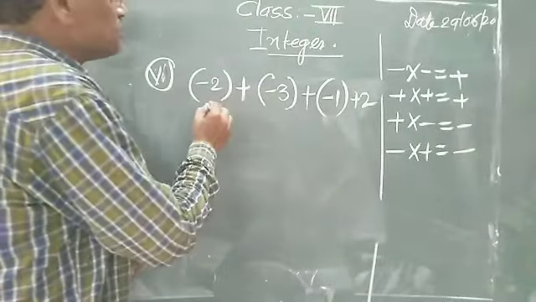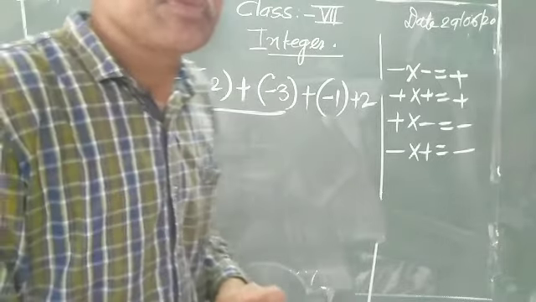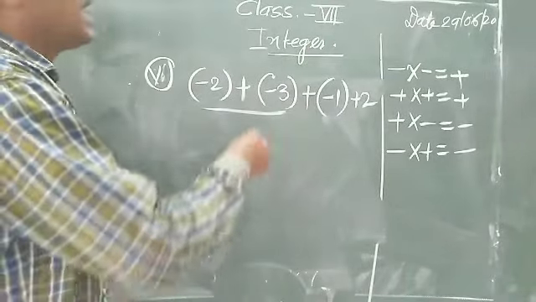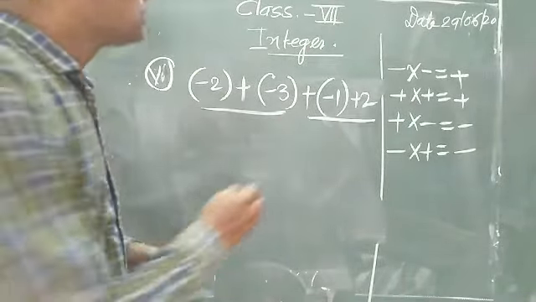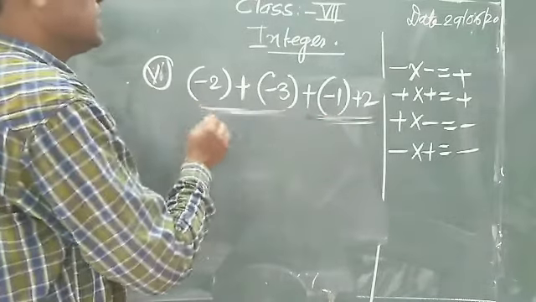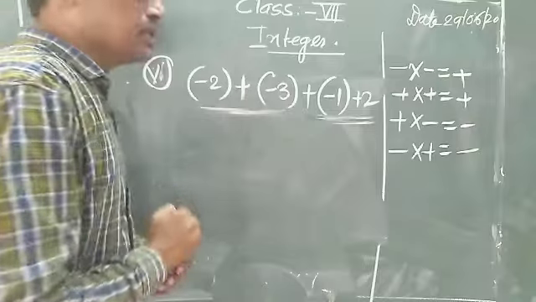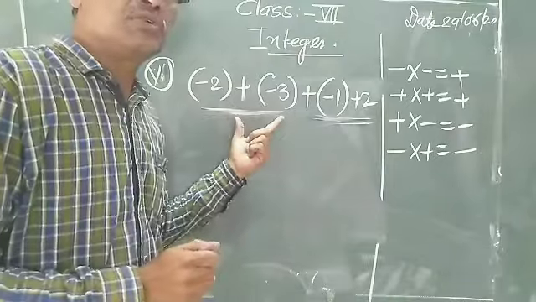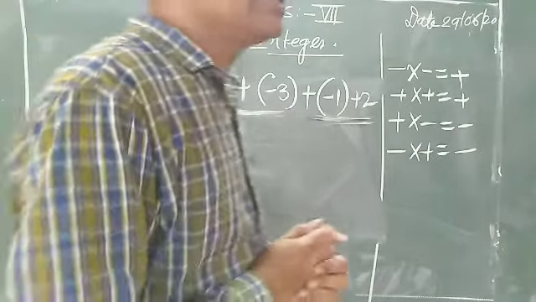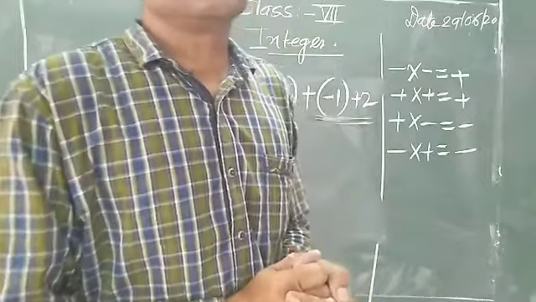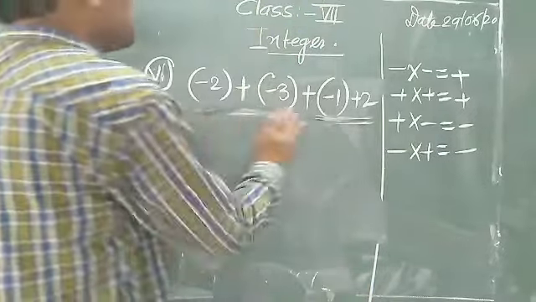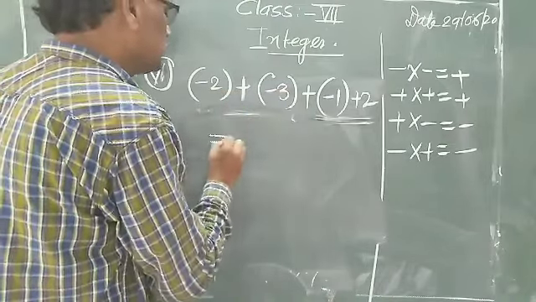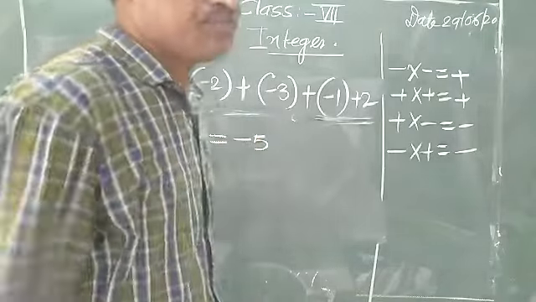First of all, you operate these two numbers. Afterwards you can add the other 2. Then we get negative and negative. In addition, whenever there are 2 negative numbers, we add them and apply the common sign. Therefore, dear student, negative 2 and negative 3 is equal to negative 5.